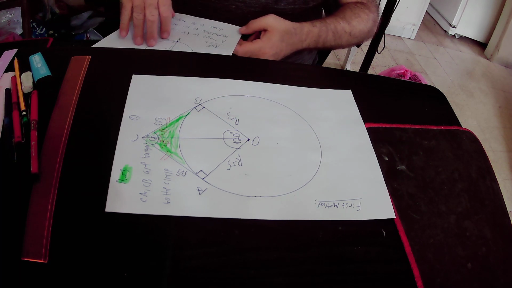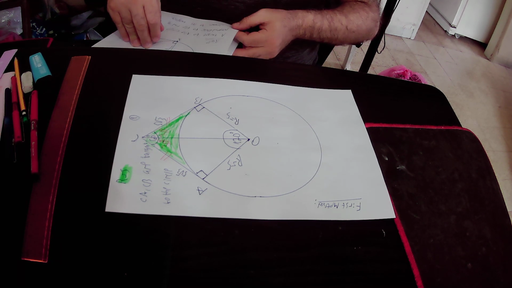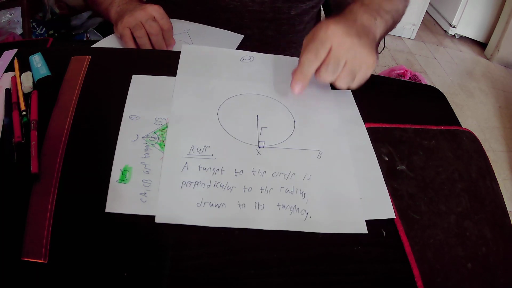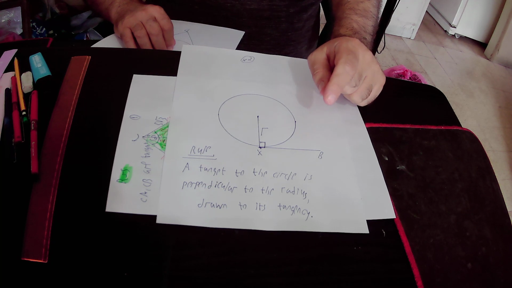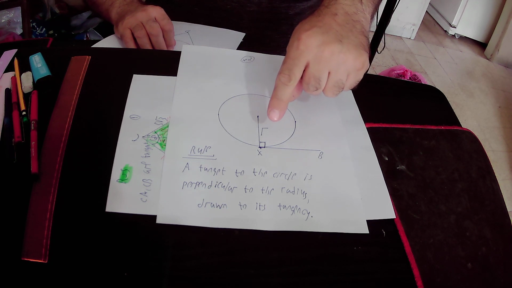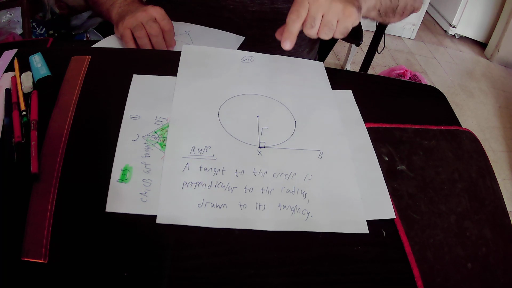And we have a rule that a tangent to the circle is perpendicular to the radius drawn to its tangency. So here we have tangent BX to the circle at point X, and the radius that is drawn to the tangent point, that is to say to point X, will be perpendicular to the tangent BX.